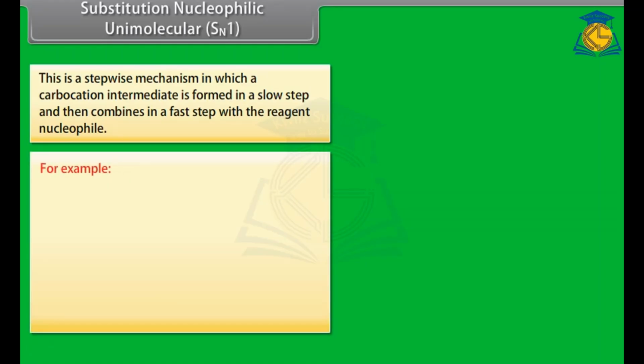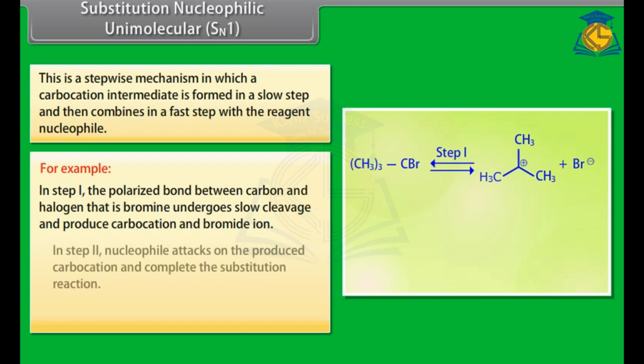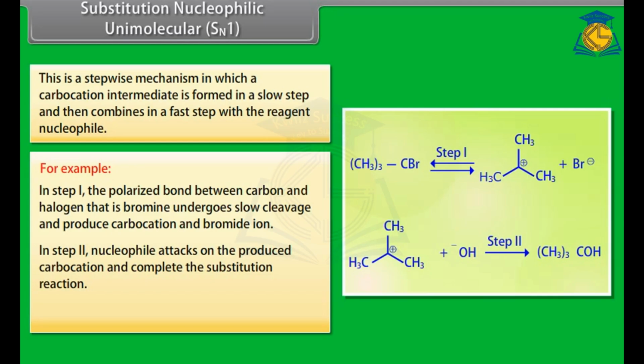For example, in the first step, the polarized bond between carbon and halogen, that is bromine, undergoes slow cleavage and produces carbocation and bromide ion. In the second step, the nucleophile attacks the produced carbocation and completes the substitution reaction. The reaction follows first-order kinetics.